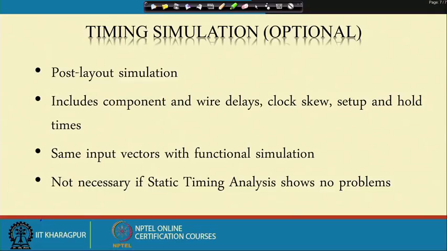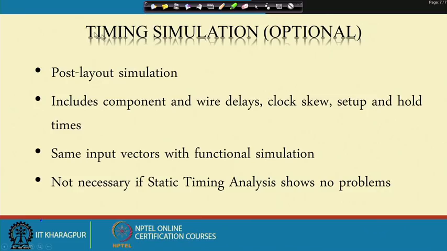In timing simulation you put the test vector to the adder, and obviously you check whether you are getting 2, but also after how much time of applying the input you are getting the output. That is included in the timing simulation. That is the basic difference between functional simulation and timing simulation.